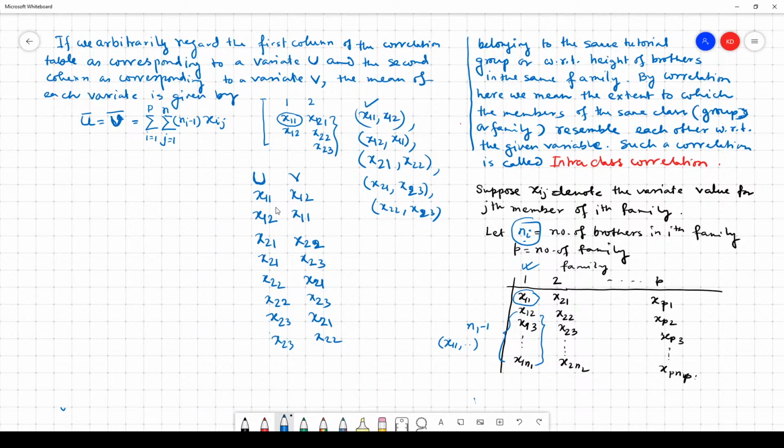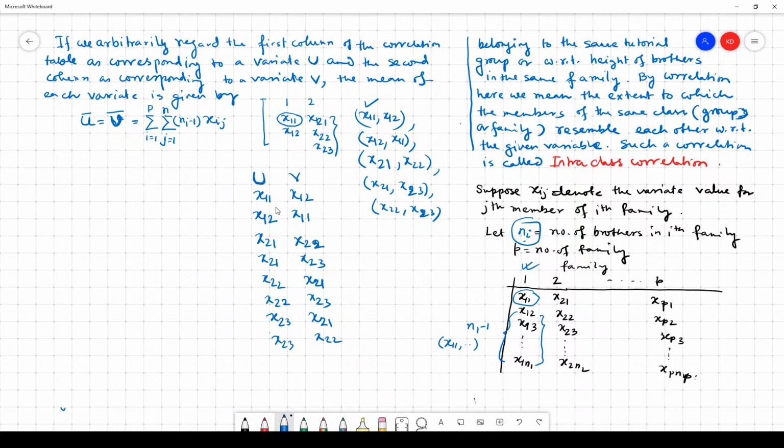Actually, if we want to formulate the correlation coefficient within the class, we need to define two variables, because we want to use the correlation coefficient formula. Correlation means correlation between two pairs.